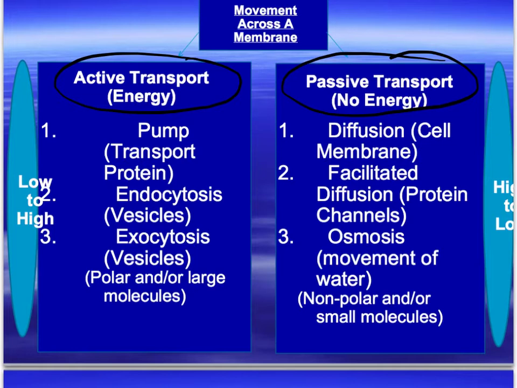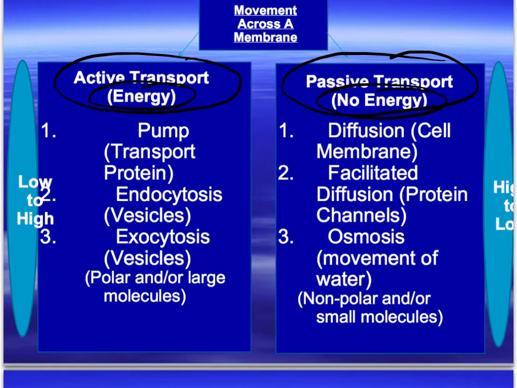If something's active, that means it's requiring energy. If something's passive, then it's not requiring energy. The same can be said here. Active transport describes how something can get into the cell with the use of energy. Passive transport shows how something can get into the cell without using energy.